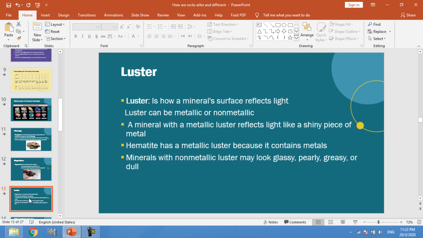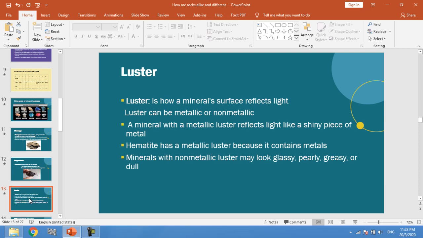Luster. What is luster? Luster refers to how a mineral's surface reflects light. Some minerals have metallic luster and some have non-metallic luster.